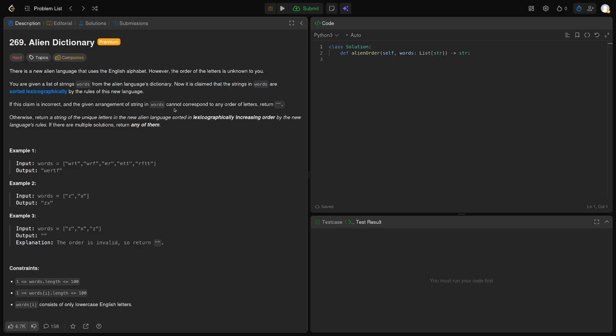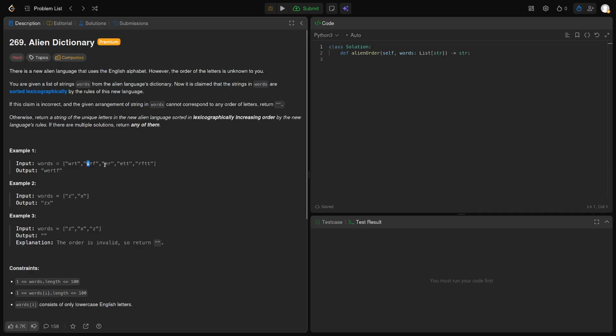Now, my thinking is that lexicographic order works by comparing the first letter, then the second letter, and the third letter. So essentially, if we got the W here, we know it's in front of this.